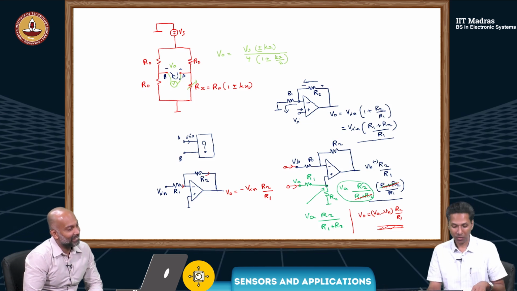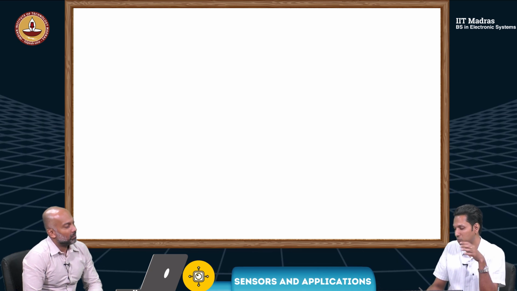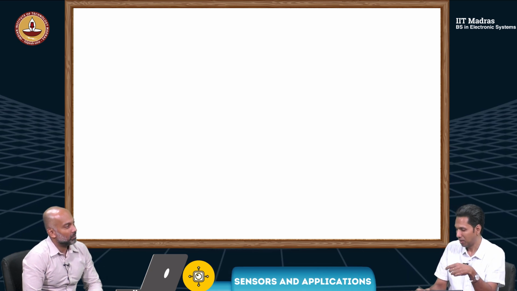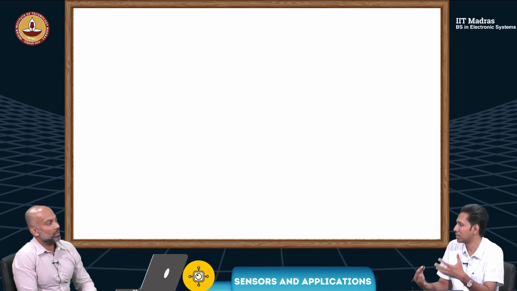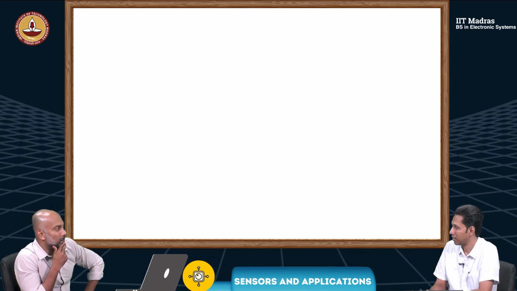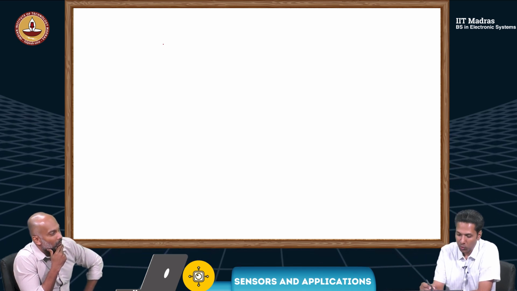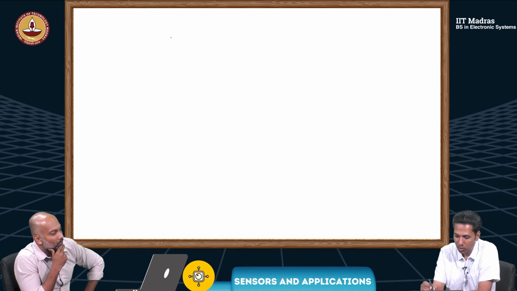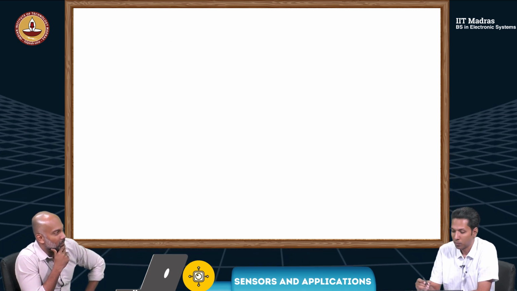So somehow we need to provide high input impedance. At A and B, I should not connect directly. Something should be there in between that provides very high input impedance. Students have studied something called the voltage follower. So maybe that can be used.